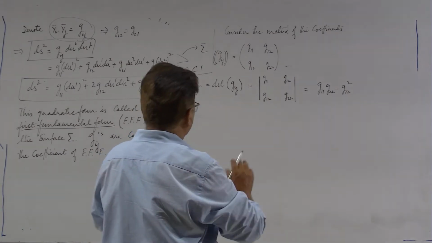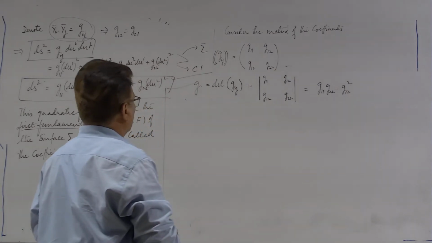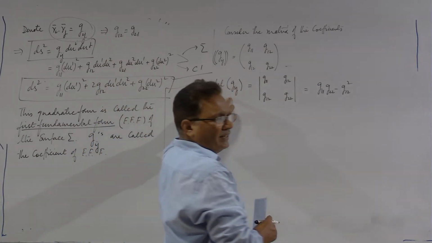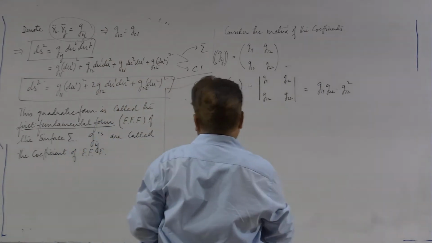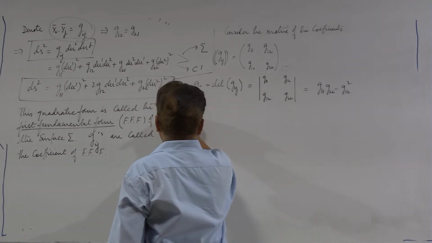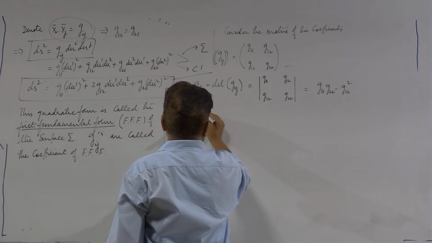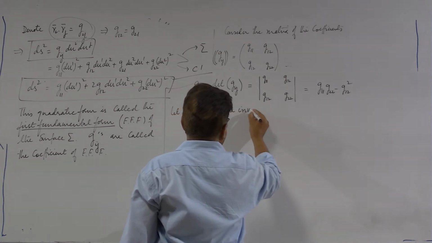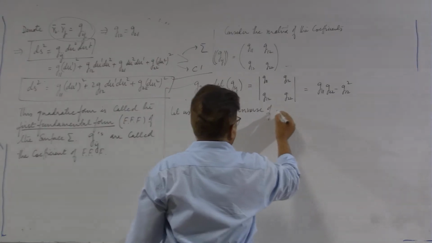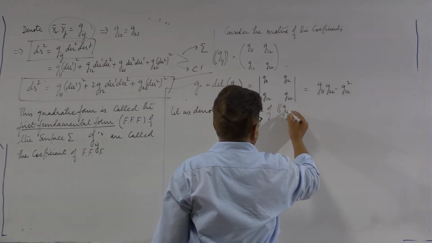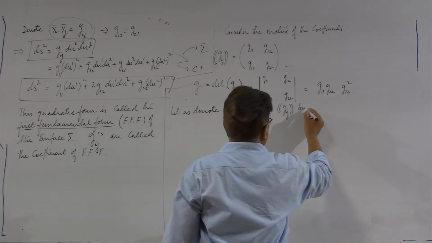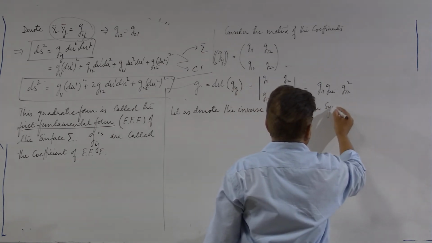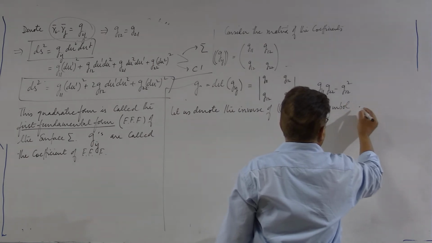So, suppose for a minute this matrix is non-singular, then its inverse will exist. Let us denote the inverse of the matrix Gij by the symbol G upper ij.